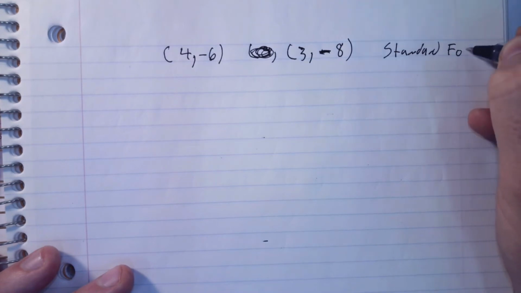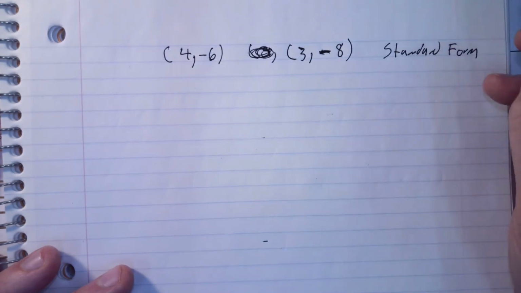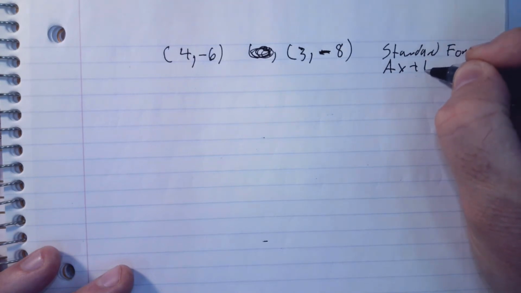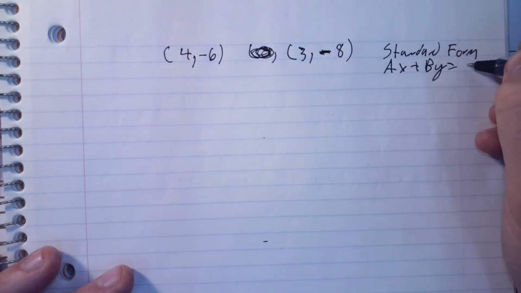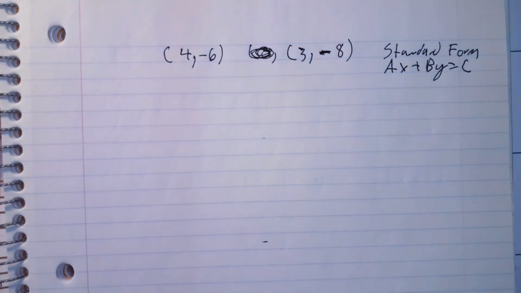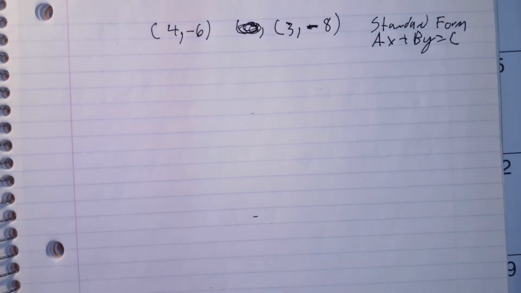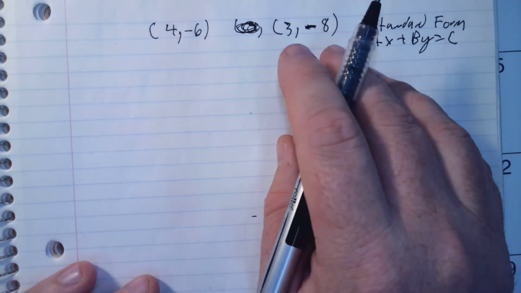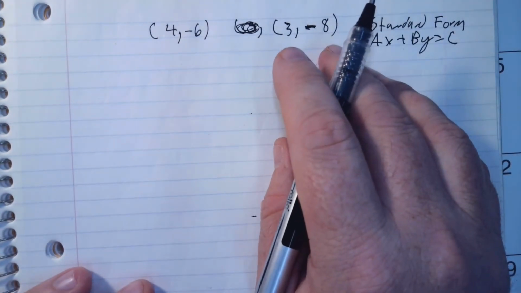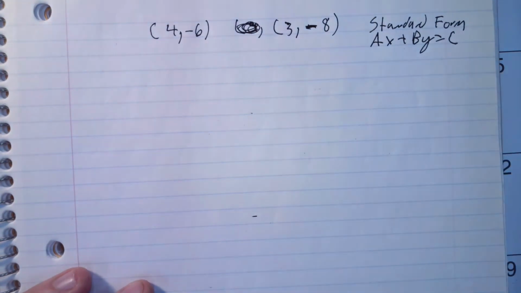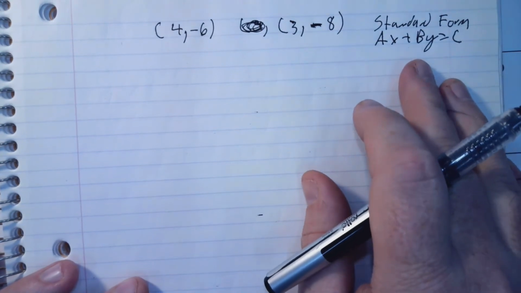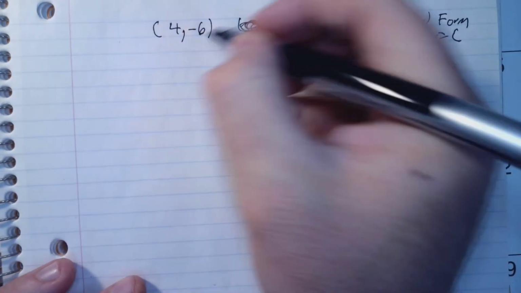How would I get 2 points into standard form? Well, probably I need the slope first, don't I? That might be a good start if you don't know where to start. Probably need a slope somehow. So let's do the slope.